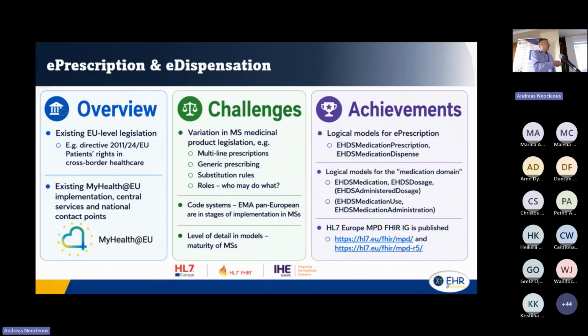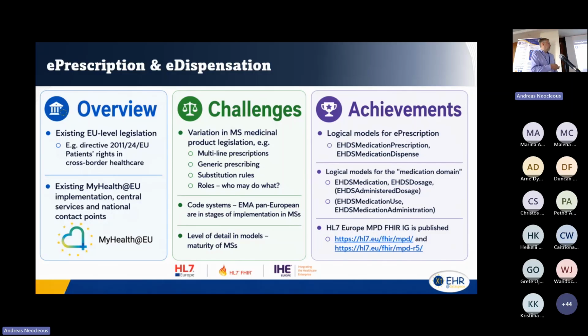We had discussions with EMA, and I think we reached an understanding, mainly from their side, that we are developing something that is going to be relevant for use in all EHR systems, not just the cross-border situation, which is the concern of MyHealth EU.